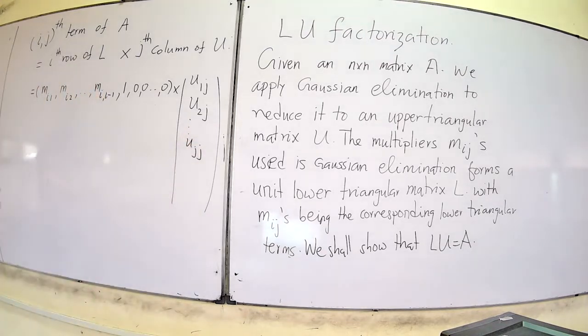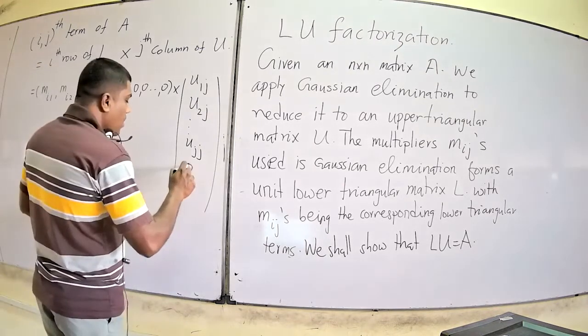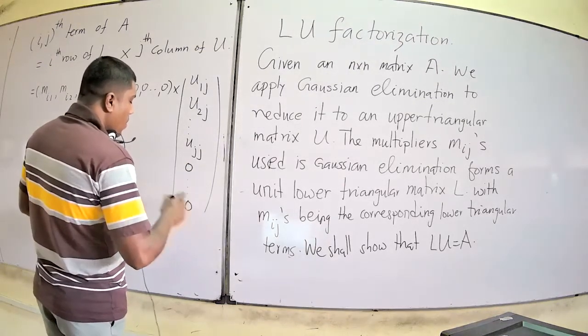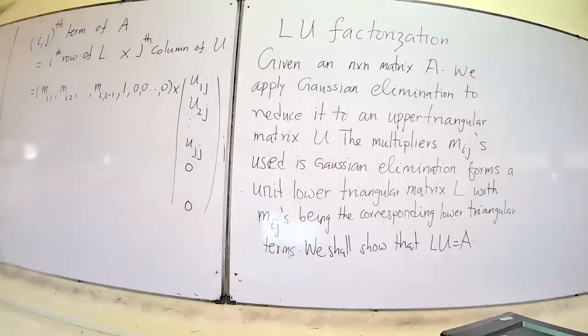Because it is an upper triangular matrix, everything below the diagonal is 0. So this is how you have the ijth term of the matrix A.